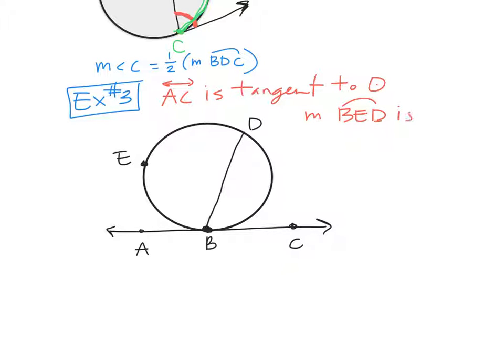Yes, is 214. What is the measure of angle DBC? Okay, so arc BED is 214. That means this arc here.